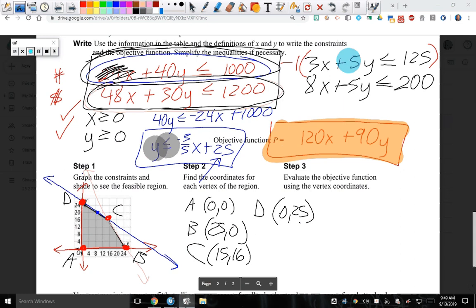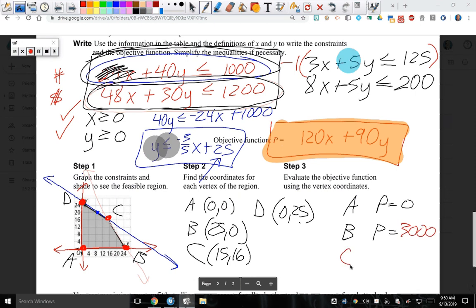Okay? So for the first letter, A, what did P equal for A? 0. What did P equal for B? So if I put 25 as x and 0 as y, what would we get? 3,000. Nice speed on the calculator too.